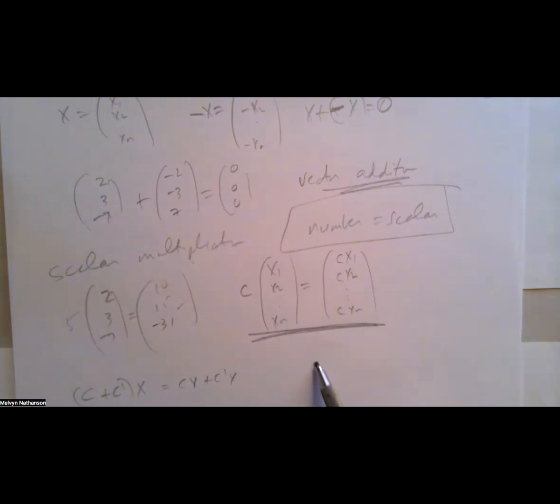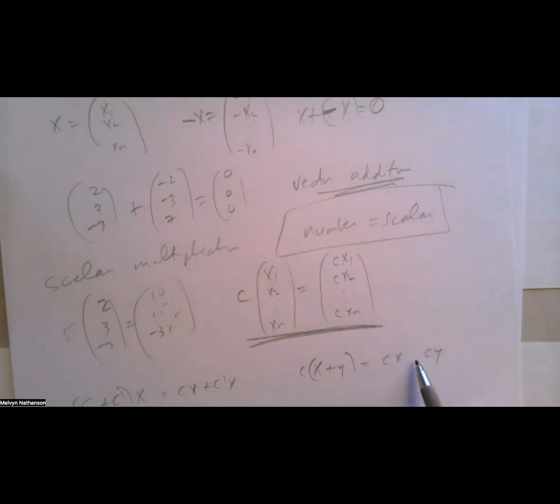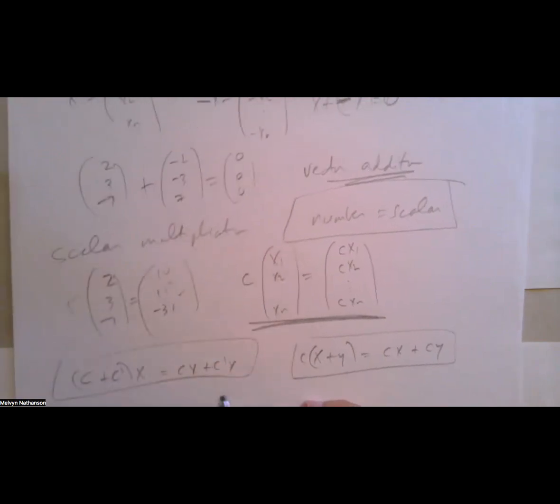If you take two vectors x and y, you add them and then multiply by c, that's the same as multiplying x by c, multiplying y by c, and then adding them. So these are called the distributive laws, for scalar multiplication and vector addition.